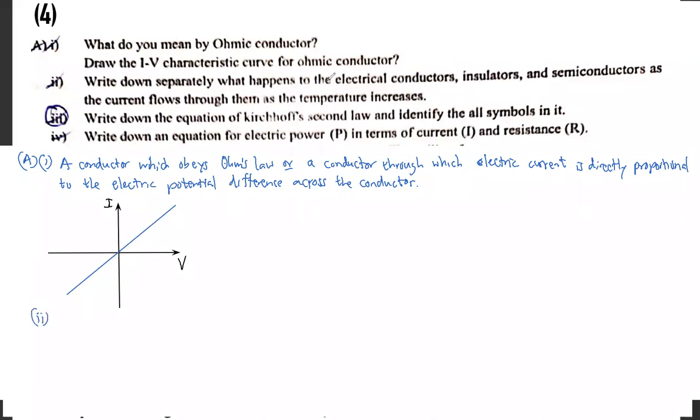Write down separately what happens to electrical conductors, insulators and semiconductors as the current flows through them as the temperature increases. Now for conductors, what happens? When temperature increases, resistance increases.